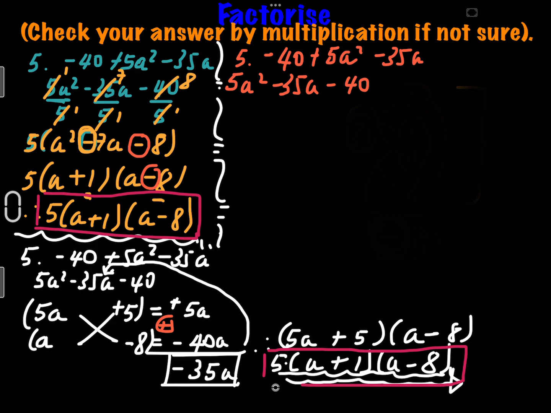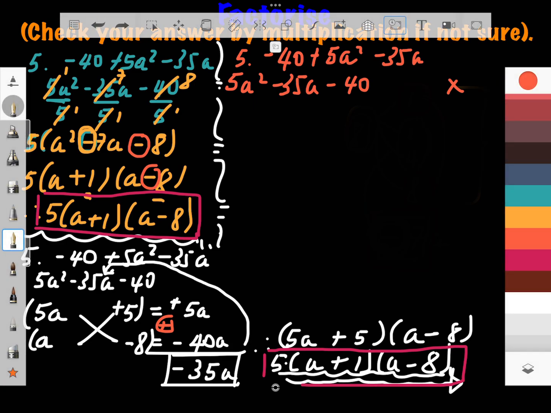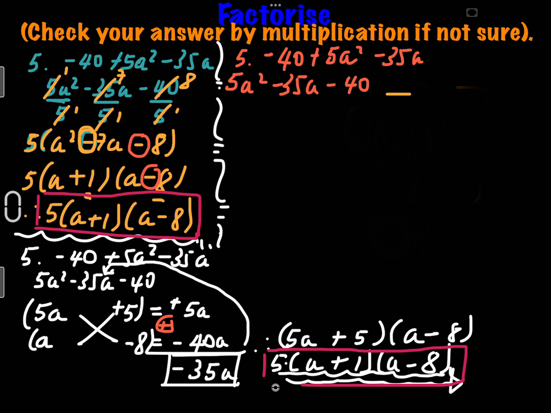So we have 5 multiplied by negative 40. In fact, I'm going to run out of space. So we multiply those two values together. 5 multiplied by negative 40, we get negative 200 a squared.